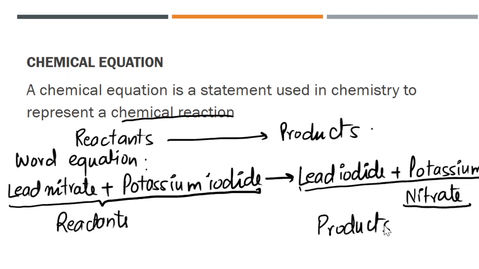So a chemical equation will give us a description of the chemical reaction which is taking place. The substances undergoing a chemical change are the reactants, written on the left hand side, and the new substances formed during the reaction are known as the products, written on the right hand side.